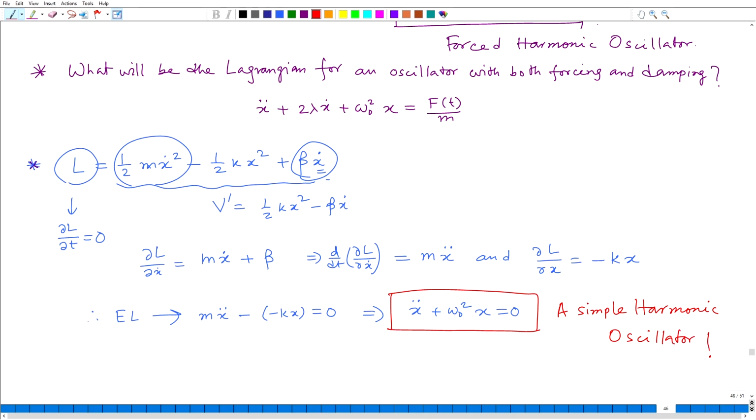This is quite strange, because now your V, the potential part, explicitly contains the generalized velocity, and we said that in the derivation of the Euler-Lagrange equation, the derivation was possible because V was assumed to be a function of generalized coordinates only. So, what is the problem?